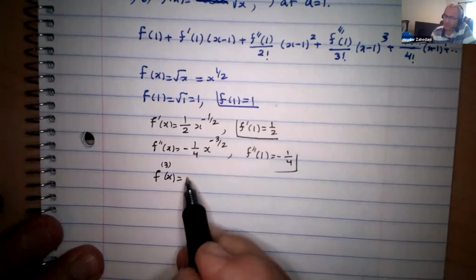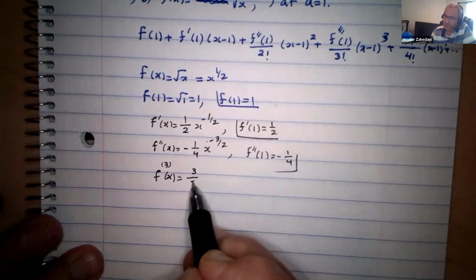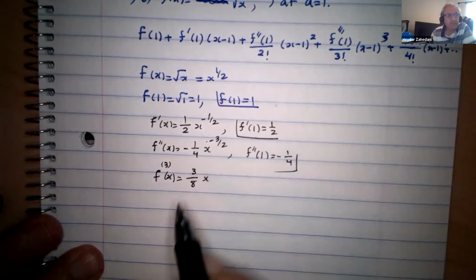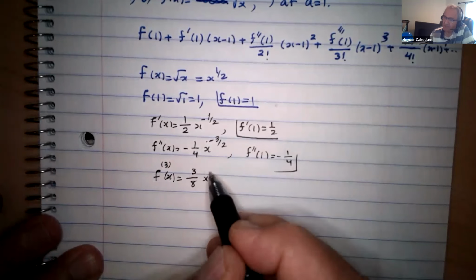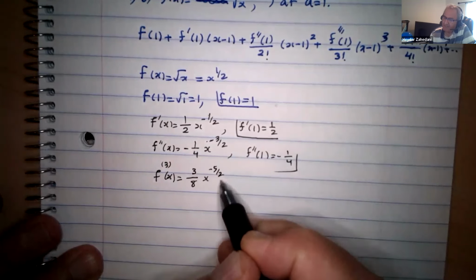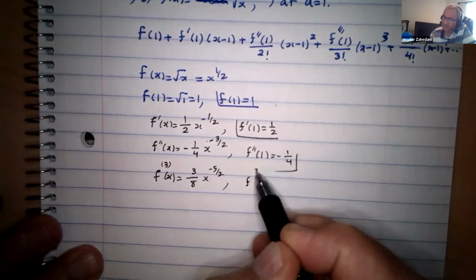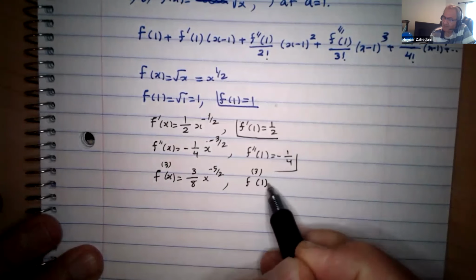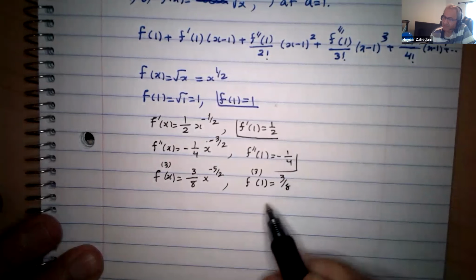Exponent times coefficient, and negative times negative is positive, so that gives 3/8, x to the negative 3/2 minus 1, which is negative 5/2. You find it at 1, so that gives 3/8.